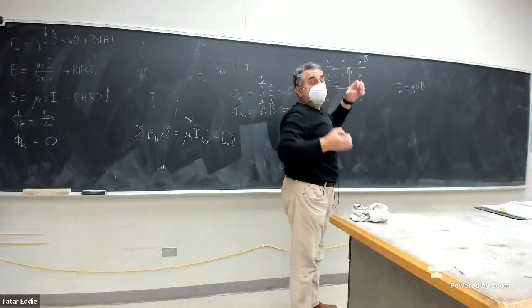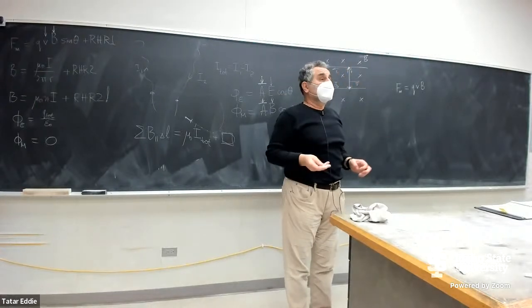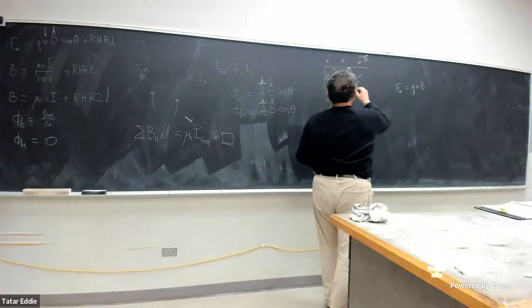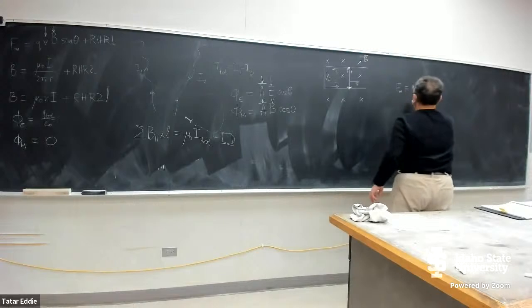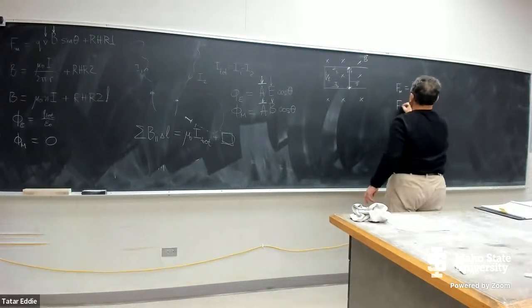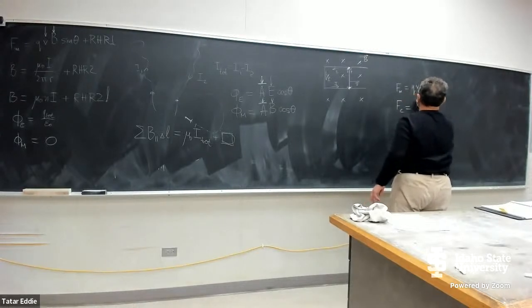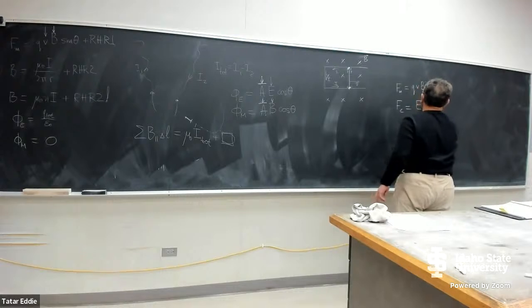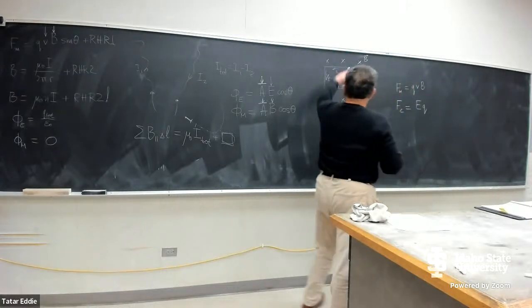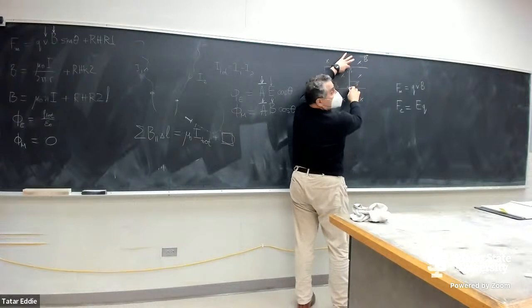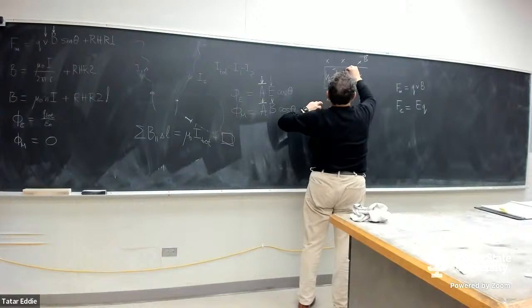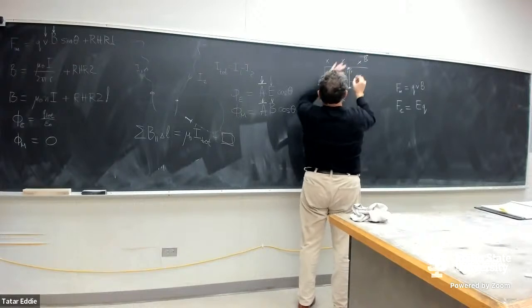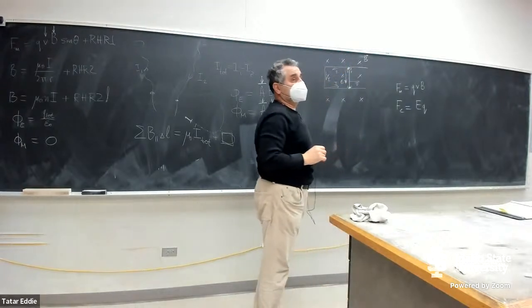The value of this attractive force is given by the electric field between this end and this end. F electric is the electric field multiplied by the value of the charge. Here we mean the electric field between the two ends of the moving wire. In other words, this is the electric field coming out of the plus into the negative charge.